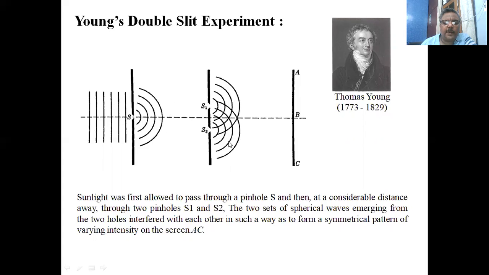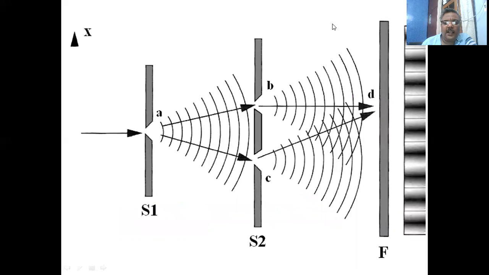These are the two independent spherical waves coming out from these two pinholes. Light from these two pinholes will interfere in this region of crossover, and we will get the interference pattern on this screen, which consists of a series of maxima and minima.